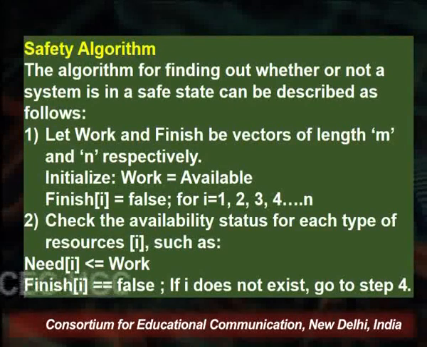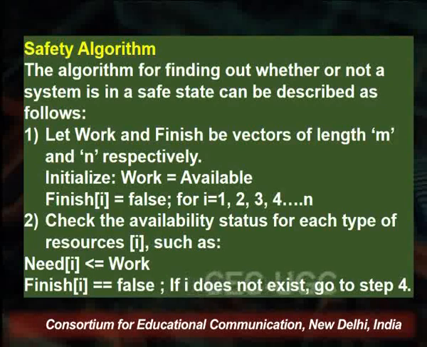Let us say we have two more vectors of length m and n, which are work and finish. Work is equal to available, and finish of i, for all the processes, is equal to false, which means all the processes have not finished yet. When a process, let us say the third process, is finished, we will say finish of 3 is equal to true.